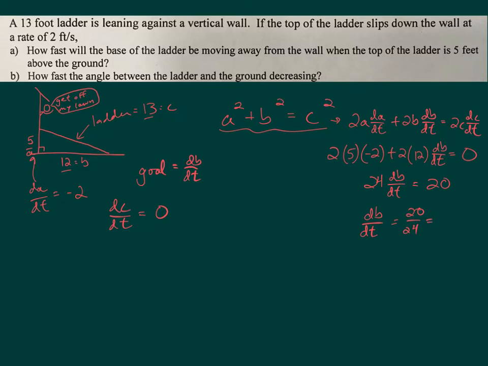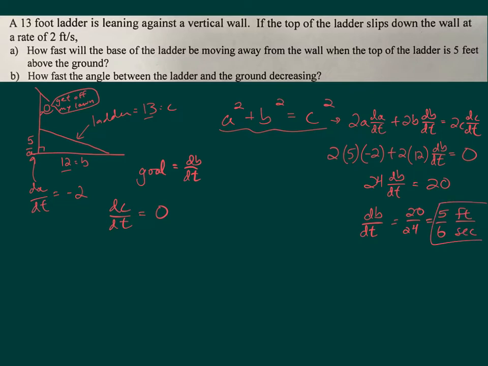And you can divide both of those by 4 and get 5 over 6. And since these distances are being measured in feet, and we are finding a rate, this would be feet per second. So there's part A.